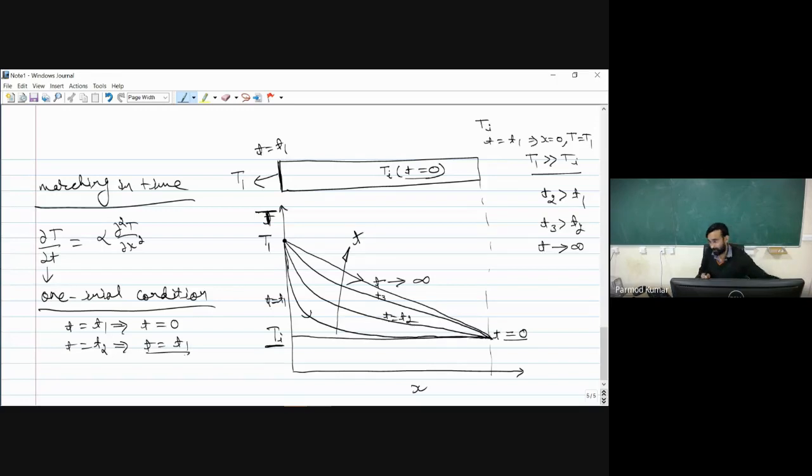And the order of time is t3 greater than t2 greater than t1, which is greater than 0. So our solution is marching in time. That's why in parabolic equations we have a specific direction, the forward direction only, in which our solution marches, and we cannot go into the backward direction.